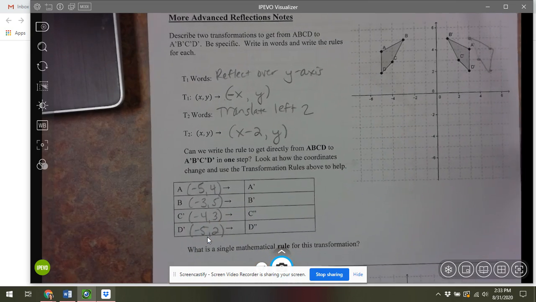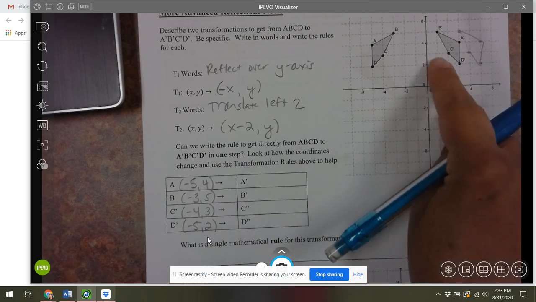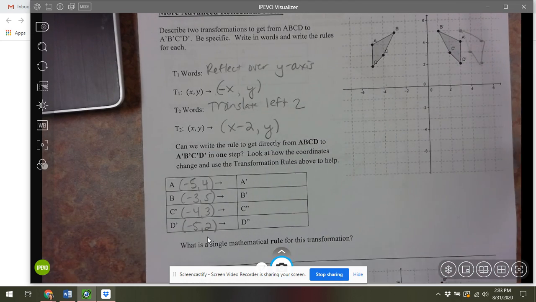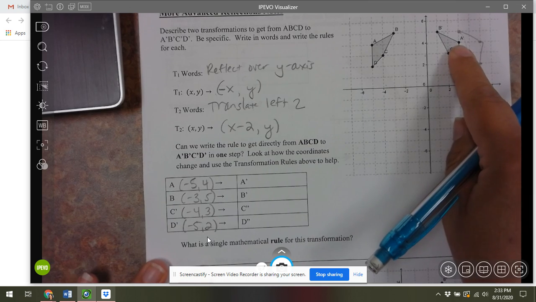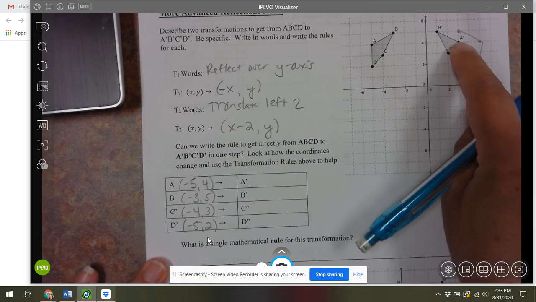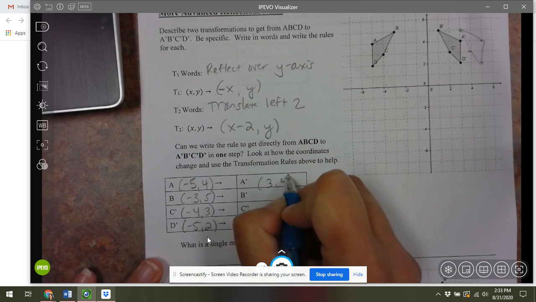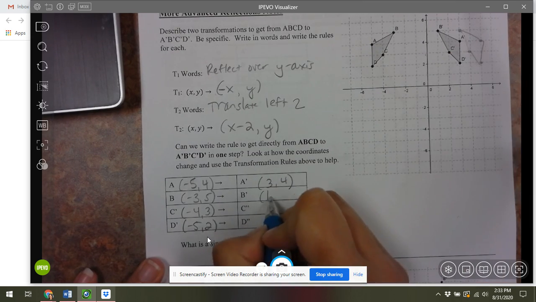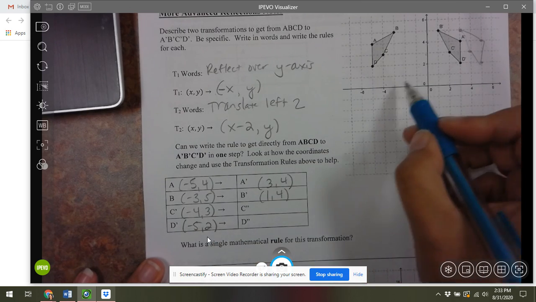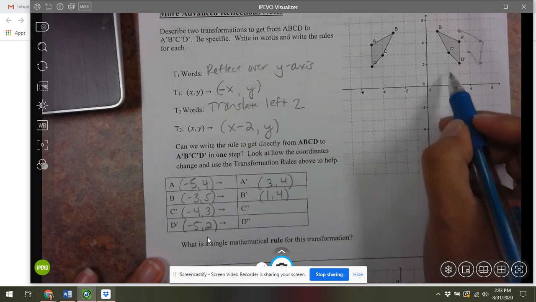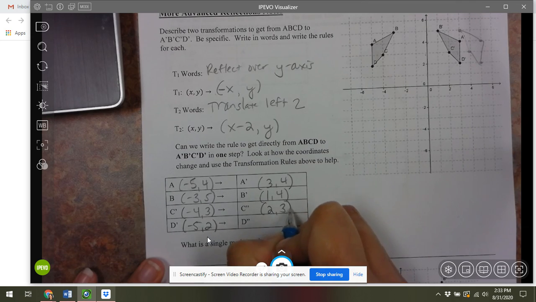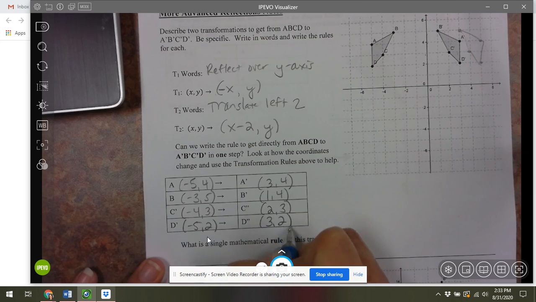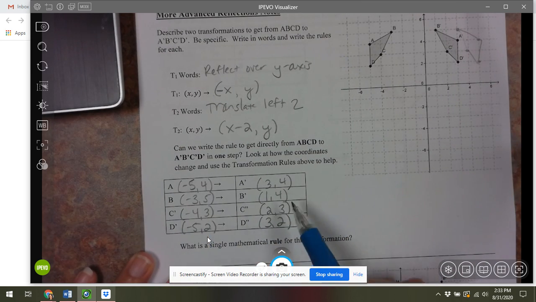So we're filling those in. Now, what are the new points? Not this one from the reflection, the A prime. What is that point? Right 3, up 4. And B is right 1, up 4. And C is right 2, up 3. And D is right 3, up 2. These are my pre-image and my image.